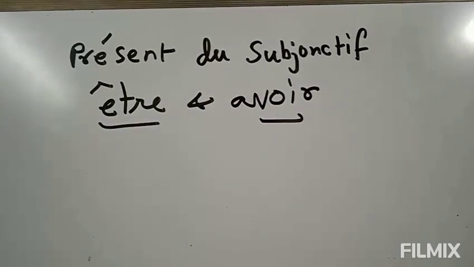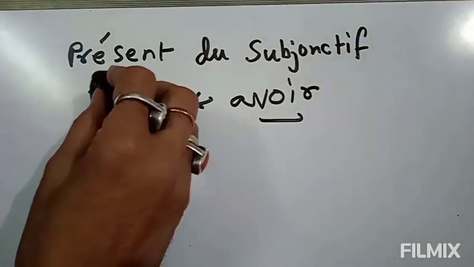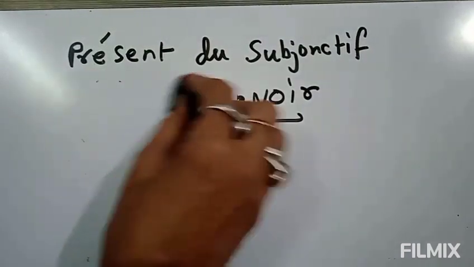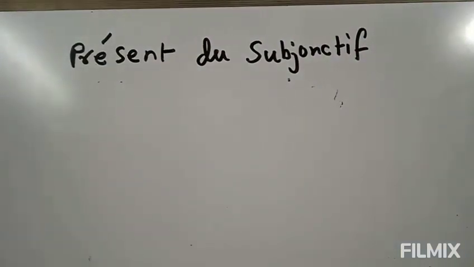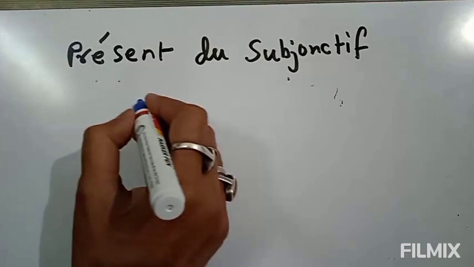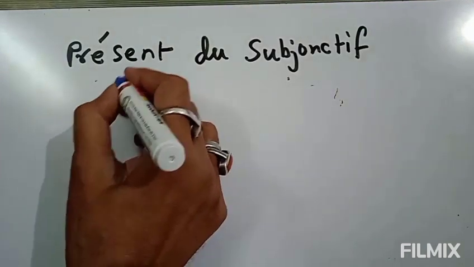Actually, these two verbs are highly irregular verbs in French grammar, because they do not follow any particular rule for their conjugation. Please follow the total conjugation in Présent du Subjonctif that I am showing you, one by one. First verb I am showing you, être.